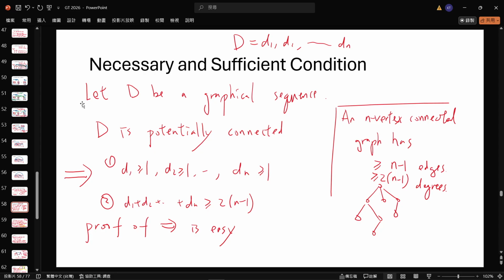In other words, all degrees are greater than 0, so at least one neighbor for every vertex. And you also need a sufficiently large number of edges. When translated to degrees, this means the total degree needs to be large enough.